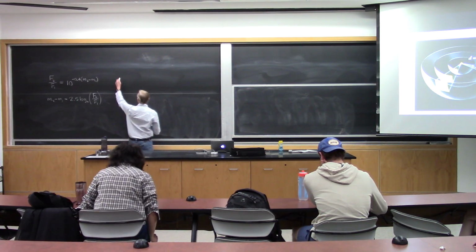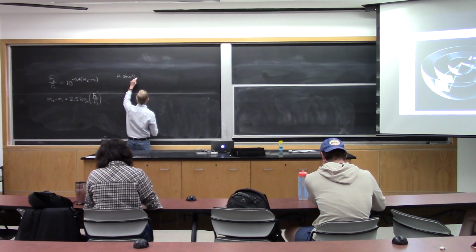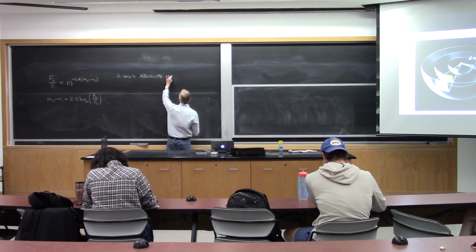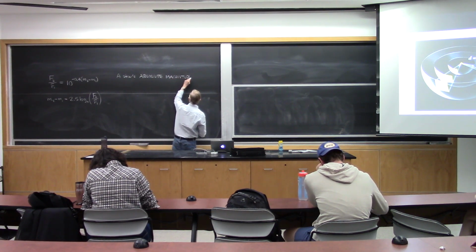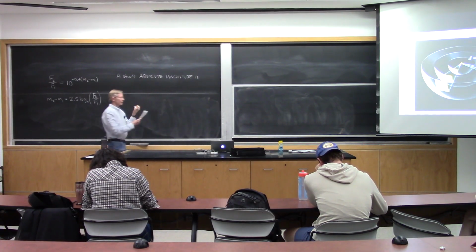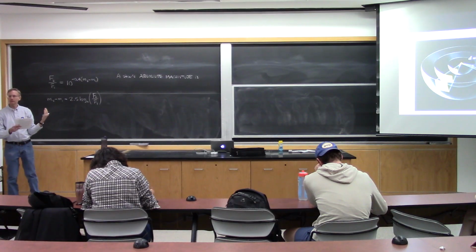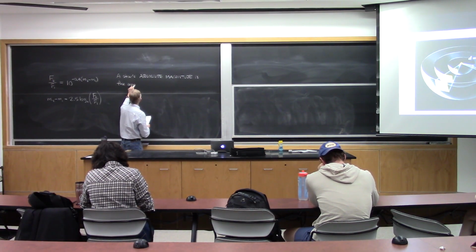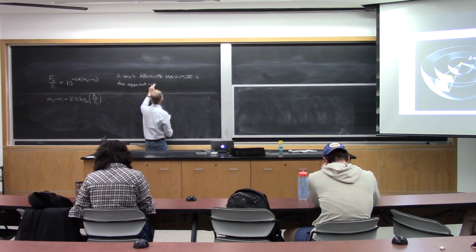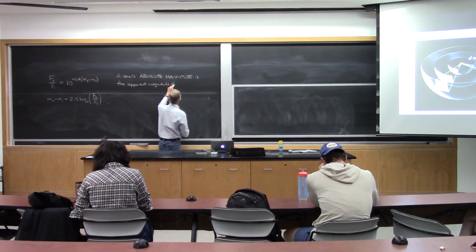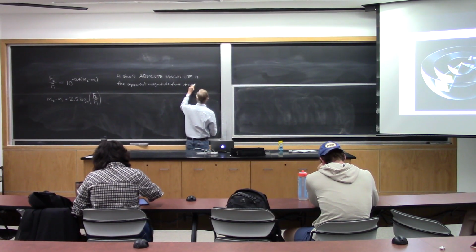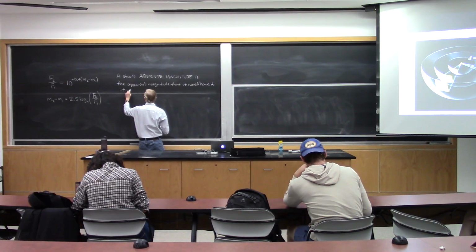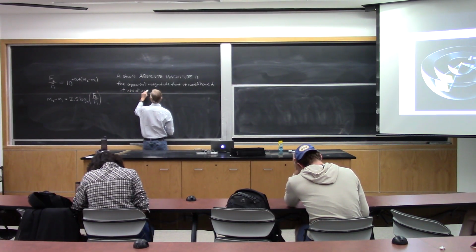So absolute magnitudes. A star's absolute magnitude, as opposed to its apparent magnitude, is defined to be the apparent magnitude it would have if it were at a standard distance of 10 parsecs.